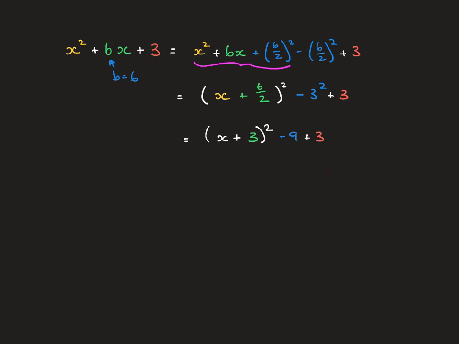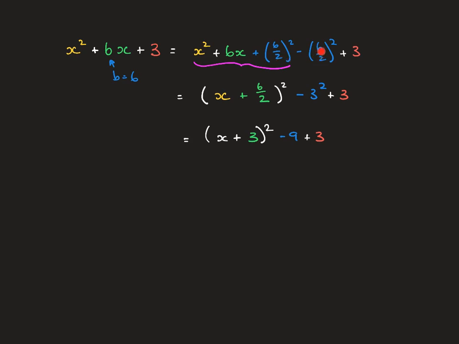And so finally, I want to show you how to complete this square to get to here in the quickest way possible. And what it involves is skipping out this step here.